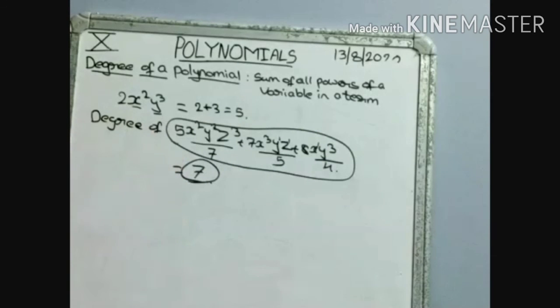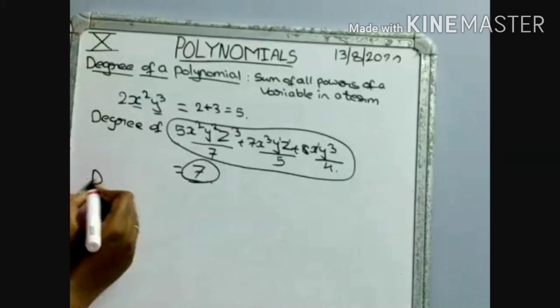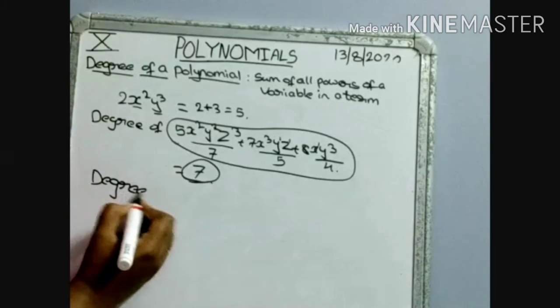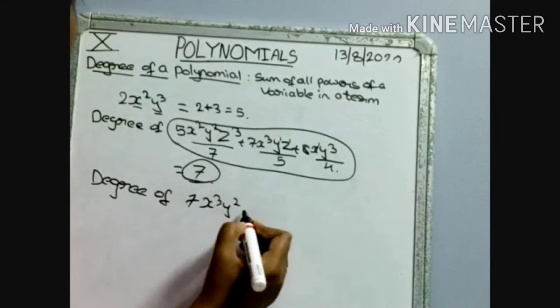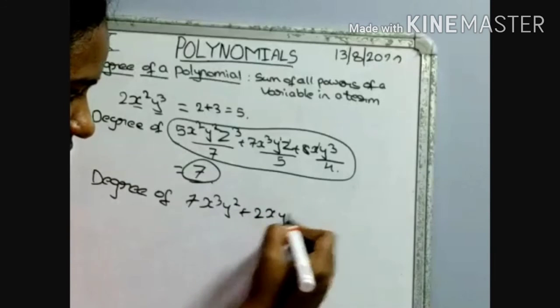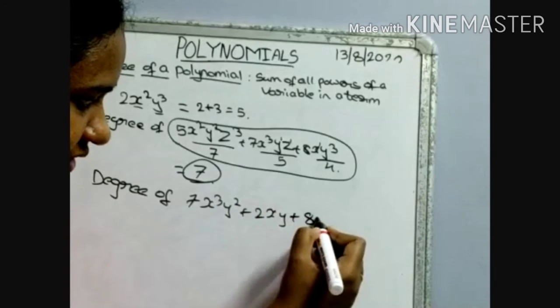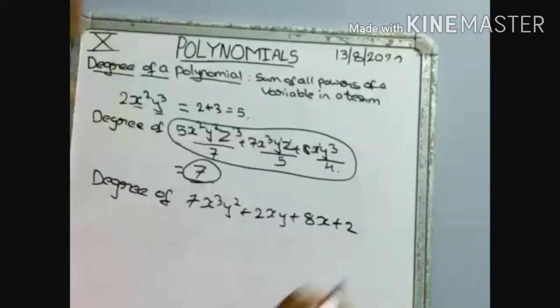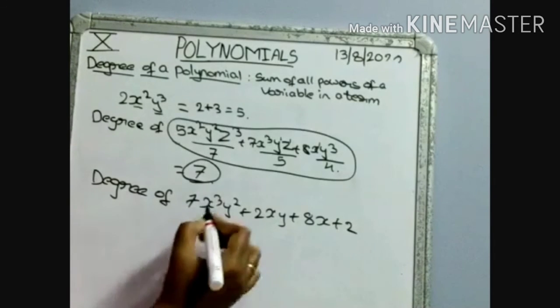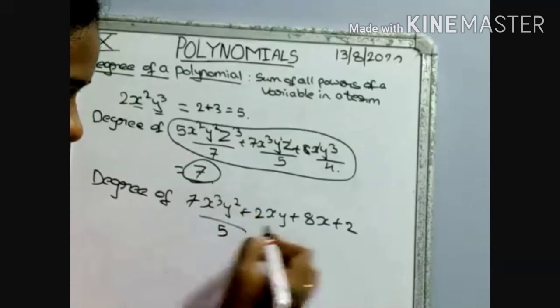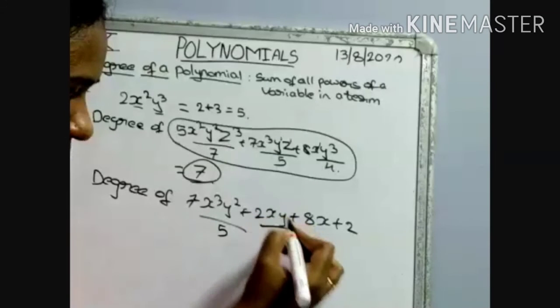See, take some more examples if you want. Take the degree of 7x cube y square plus 2xy plus 8x plus 2. If you observe here, 3 plus 2, 5. Here 1 plus 1, 2.